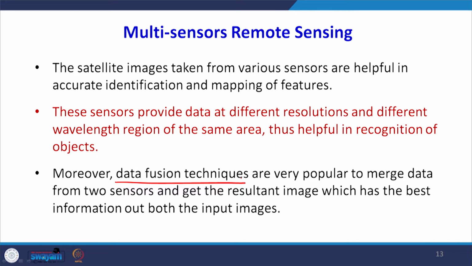Here we are taking the spectral characteristics from the multispectral data and the better spatial resolution from the panchromatic data. We take the best of the two and generate a product after data fusion which has the information from both sensors together, and try to analyze that data.